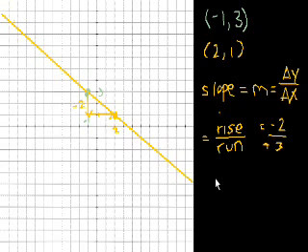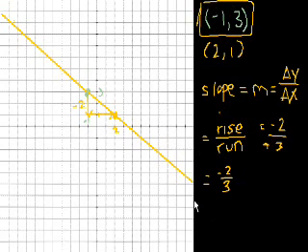So rise divided by run is equal to -2 over 3. Well, how would we do that if we didn't have this nice graph here to draw on? What we can do is say, let's take this as the starting point. Change in y over change in x is equal to, we take the first y point, which is 3, and we subtract the second y point, which is 1.